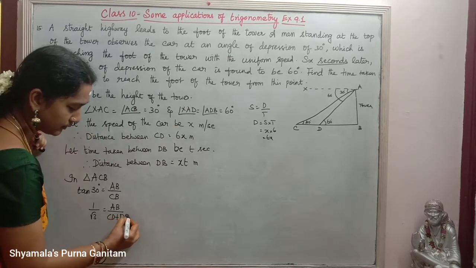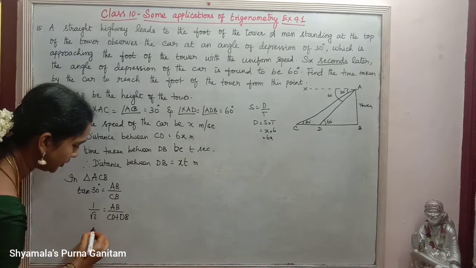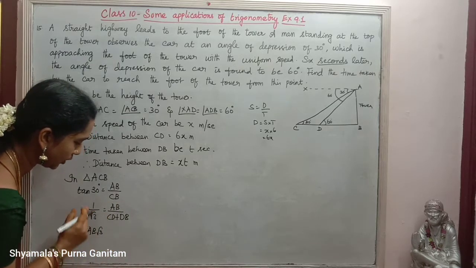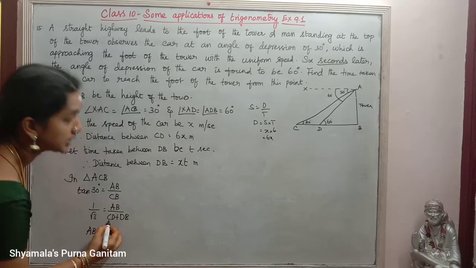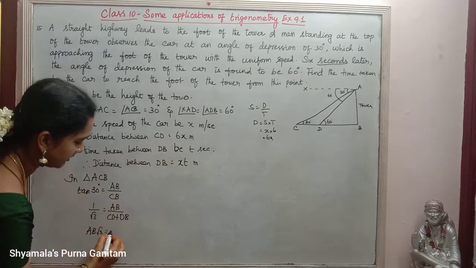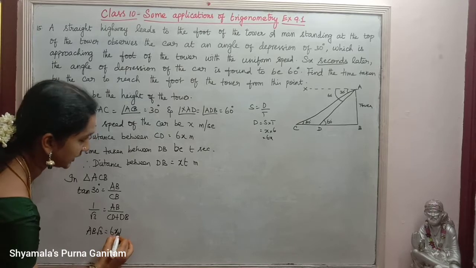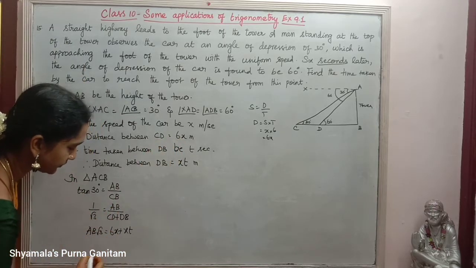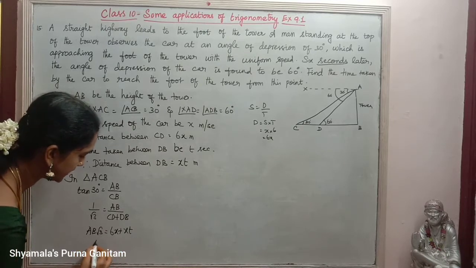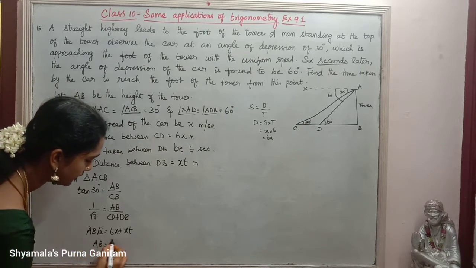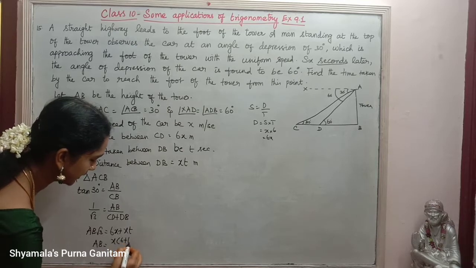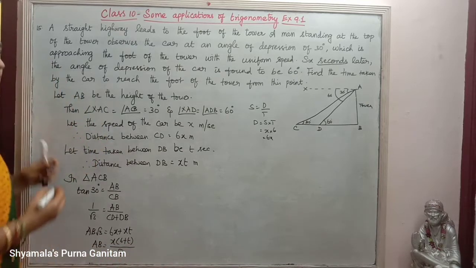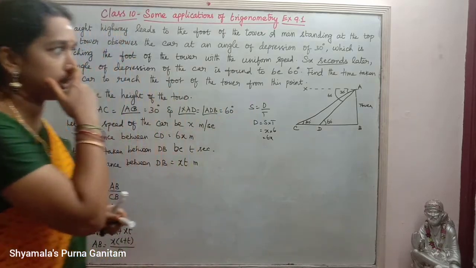So 1 by root 3 equals AB over (6x plus xt). Cross multiplying, AB root 3 is equal to 6x plus xt, so AB is equal to x into (6 plus t) by root 3. This is the height of the tower AB.